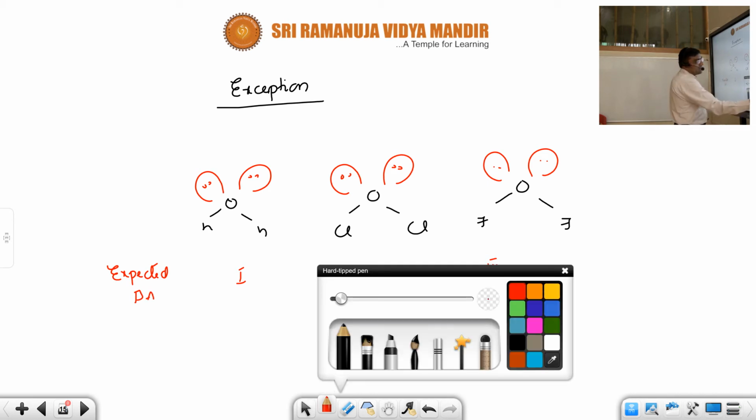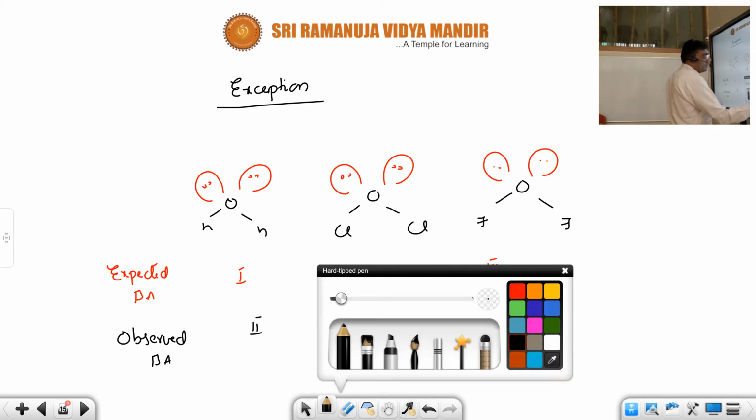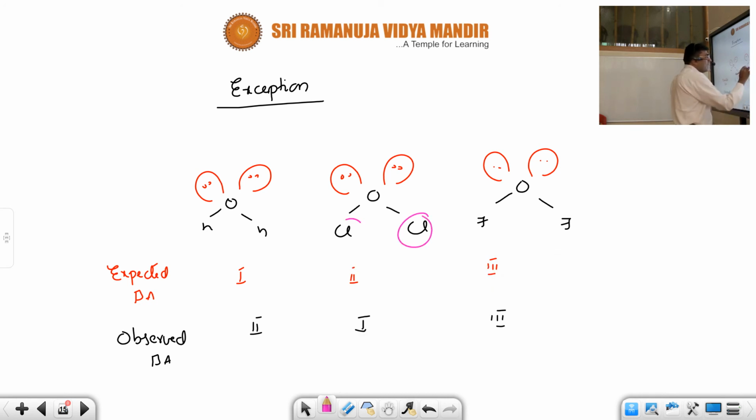But observed is as follows. The observed bond angle is: this is 1, this is 2, and this is 3. What is the reason? The reason is very simple. Chlorines are bigger atoms, so here repulsions will be more. When repulsions are more, bond angle will be more.